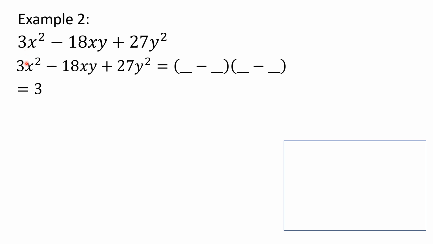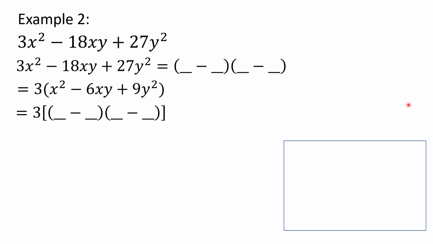Then 3x squared divided by 3 is x squared, minus, copy the sign, 18xy divided by 3 is 6xy, plus 27y squared divided by 3 is 9y squared. So 27 divided by 3 is 9. Then you copy y squared.